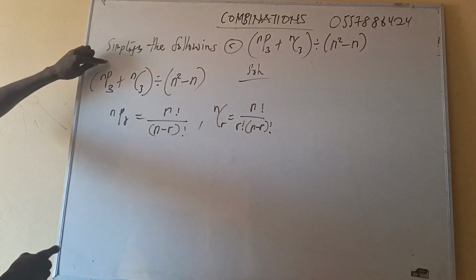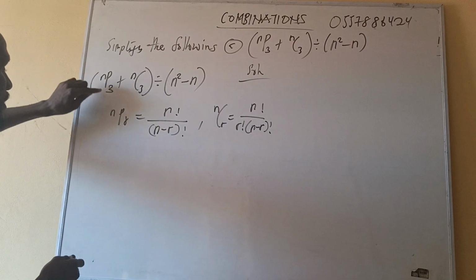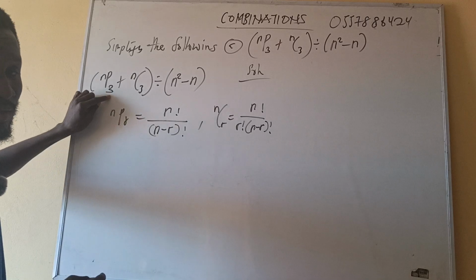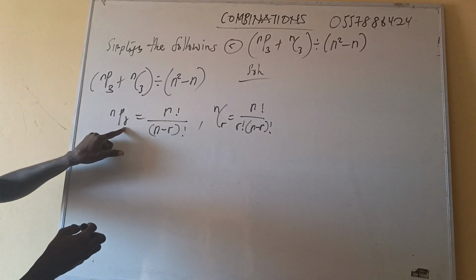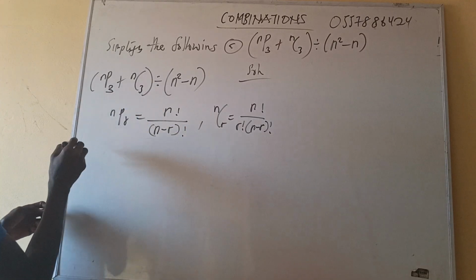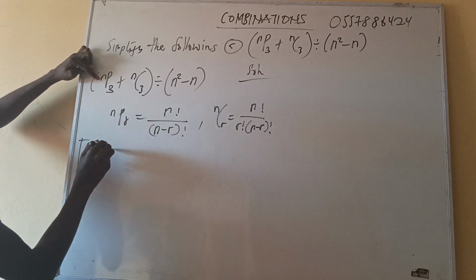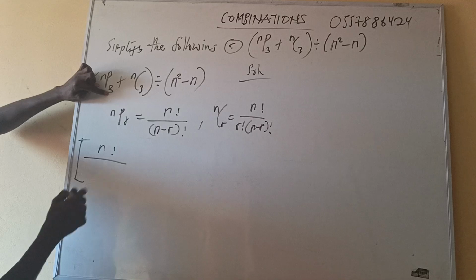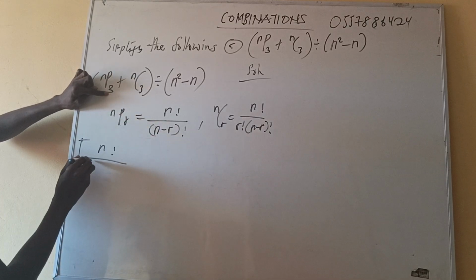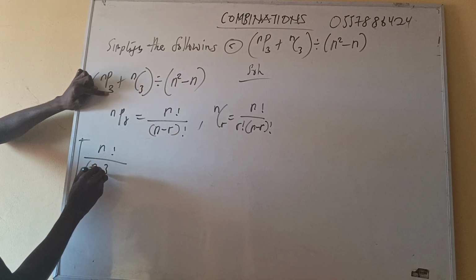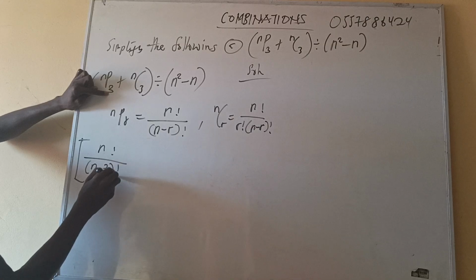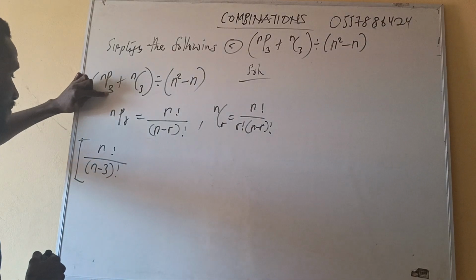So if I have nP3, the n is the same as n, and the r is 3. So I'm going to have, in one bracket, n factorial divided by n minus 3 factorial.